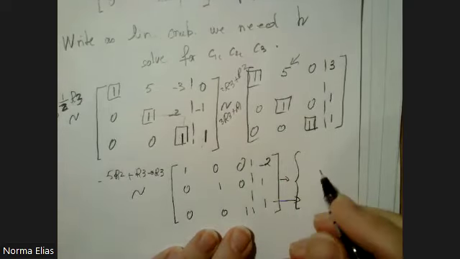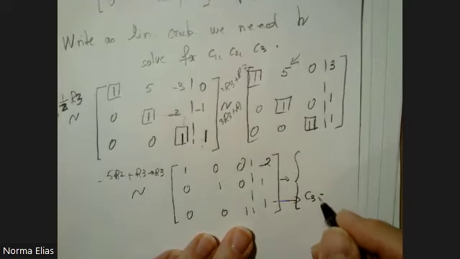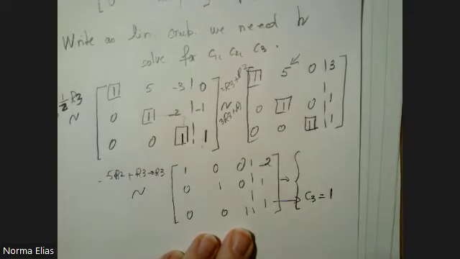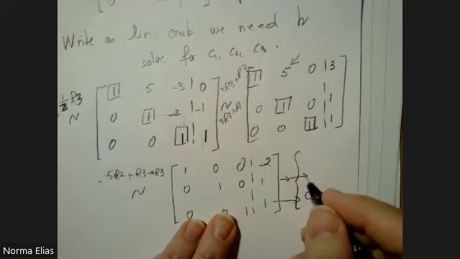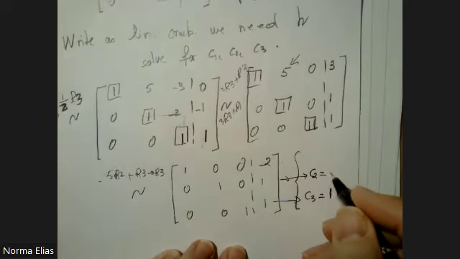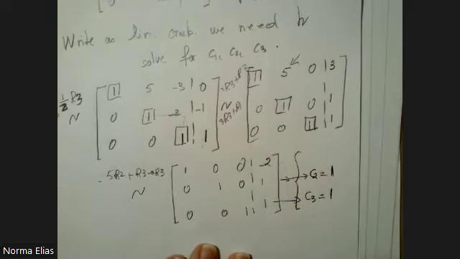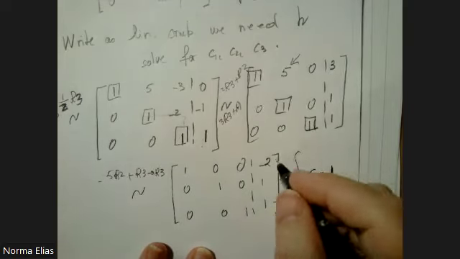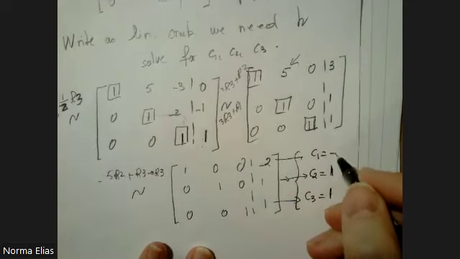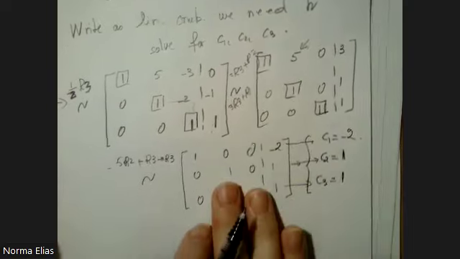The last row tells me that C3 is 1. I'm solving for the weights. The one before it tells me that C2 is 1, granting I didn't make any algebra mistake. And the last one tells me that C1 is equal to minus 2.